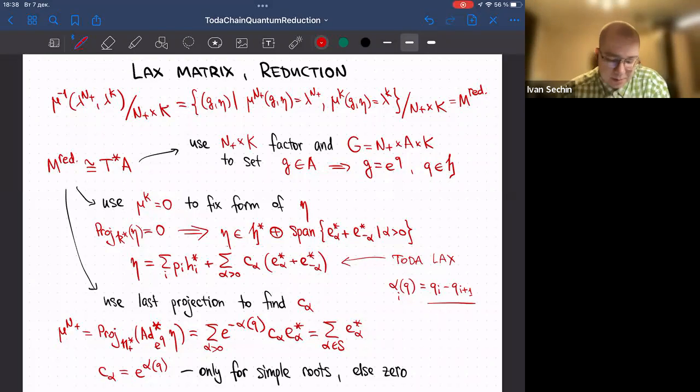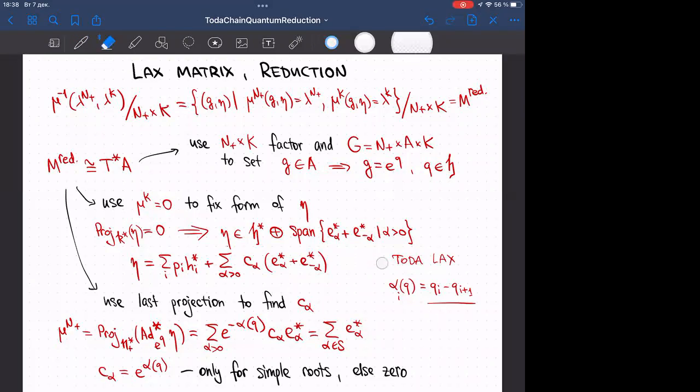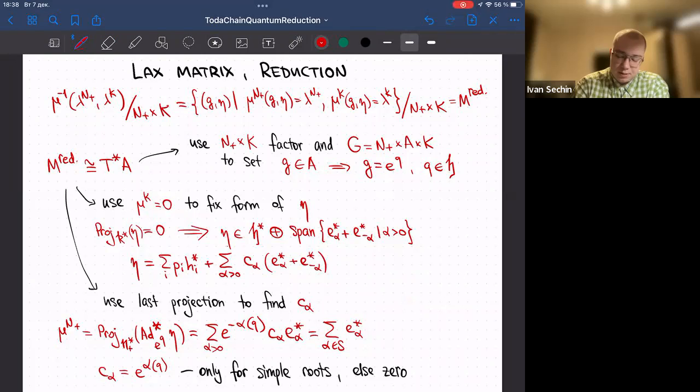And let's discuss maybe one more question. I have written my phase space and omega, a symplectic form. Well, it was alpha. But now let's write omega.